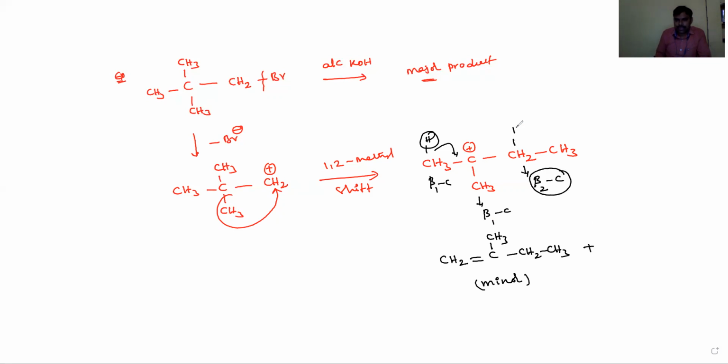Then we get the more substituted alkene, a tri-substituted alkene. It is the major product because according to Saytzeff's rule, more substituted alkenes are the major products. Okay, this is the major product.